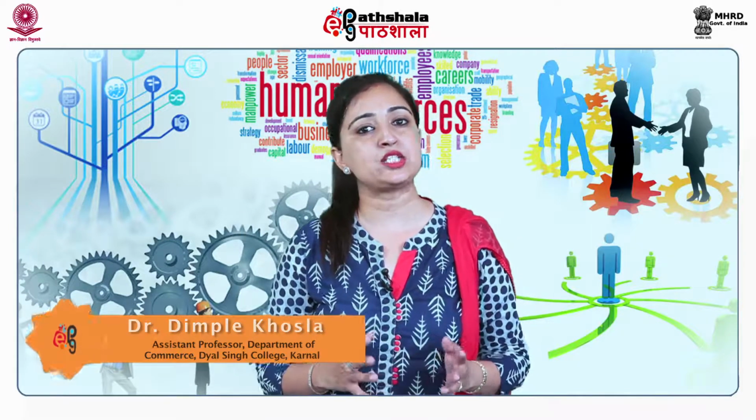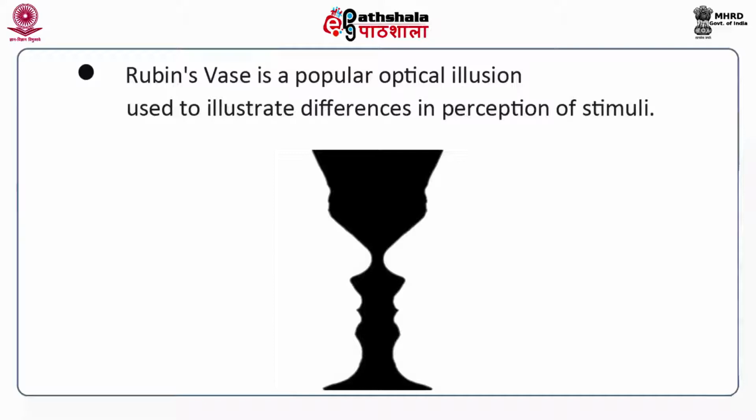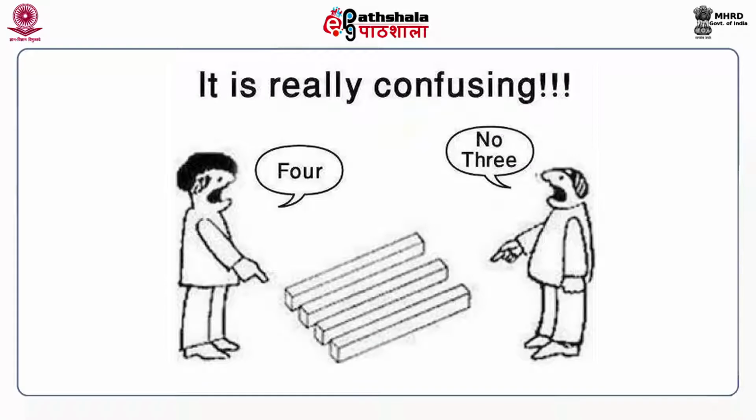These all things happen to us and we react to these in a natural way because the stimuli trigger the processes and categorize automatically. Here you can see a picture of Rubin's vase. It is a popular optical illusion which is used to illustrate difference in perception of stimuli. Rubin's vase can be taken as the best example to understand perception. It completely depends upon our brain's way of focusing, how we see it and how we perceive it.